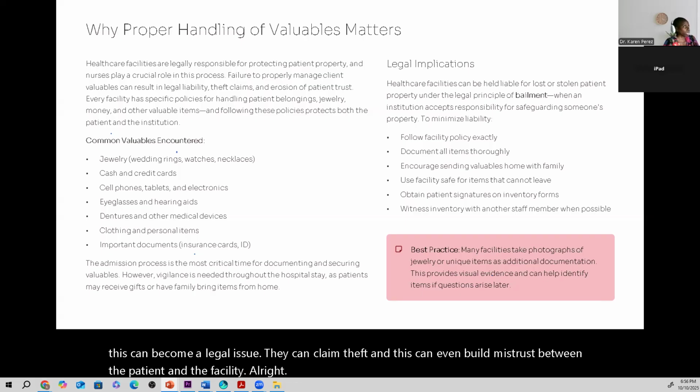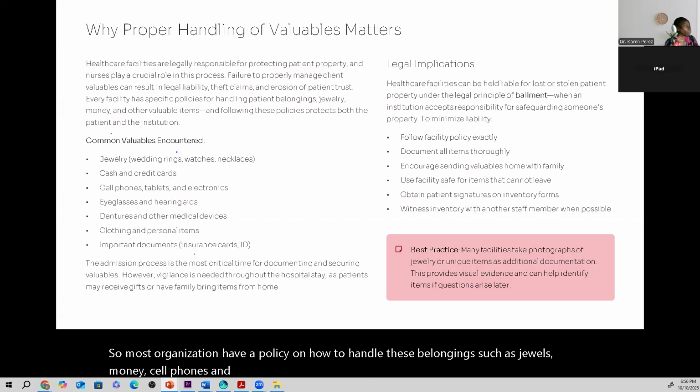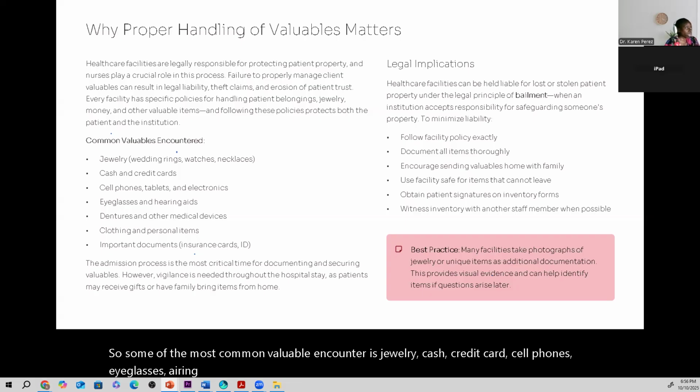Most organizations have a policy on how to handle these belongings, such as jewels, money, cell phones, and other things. Some of the most common valuables encountered are jewelry, cash, credit cards, cell phones, eyeglasses, hearing aids, dentures, other kinds of medical devices, clothing items, and important documents like ID and insurance cards.